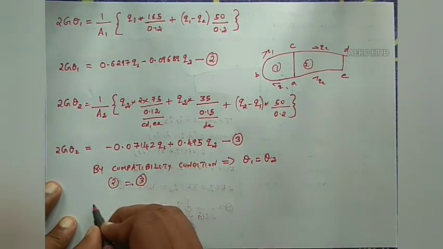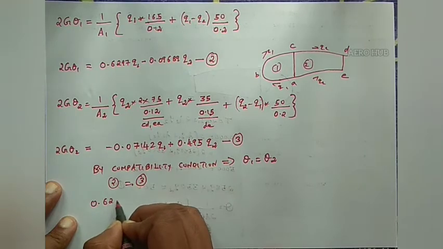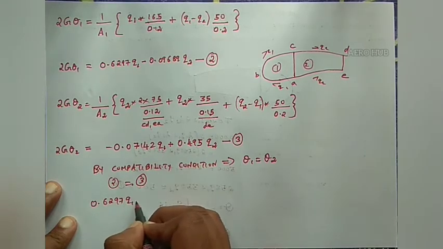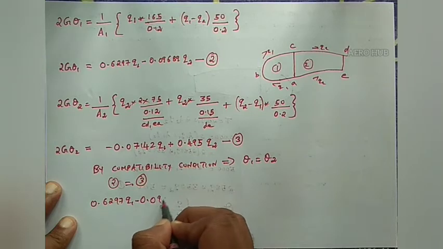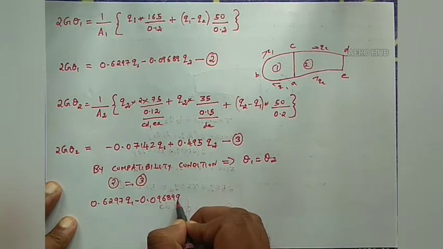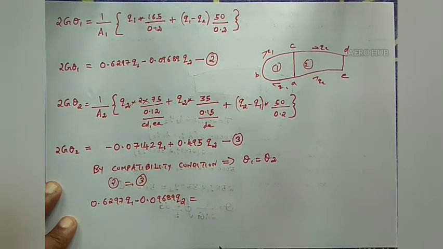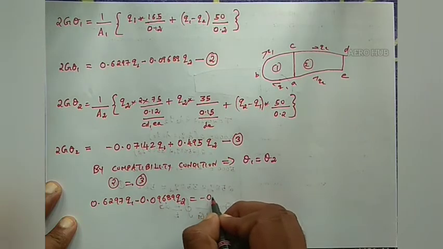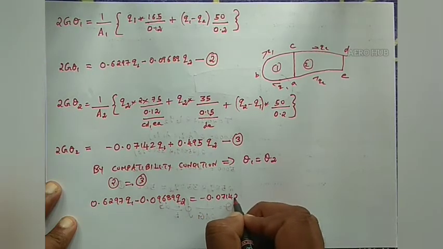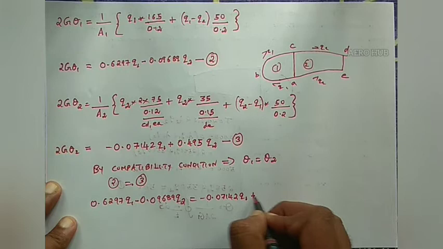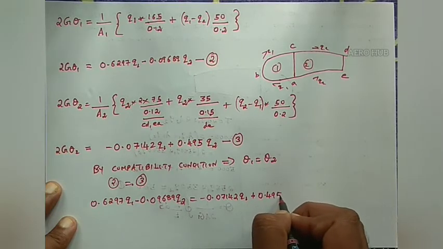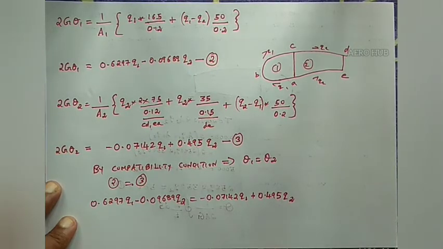So I can write 0.6297 Q1 minus 0.09689 Q2 is equal to minus 0.0742 Q1 plus 0.495 Q2. Okay. Now I can bring Q1 to one side and Q2 to the other side.